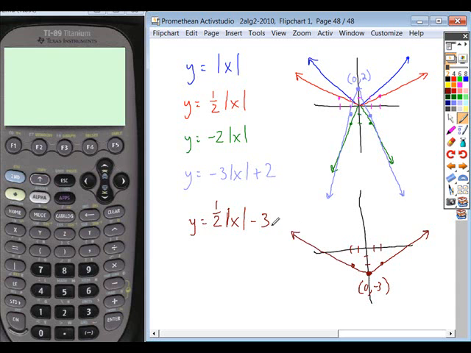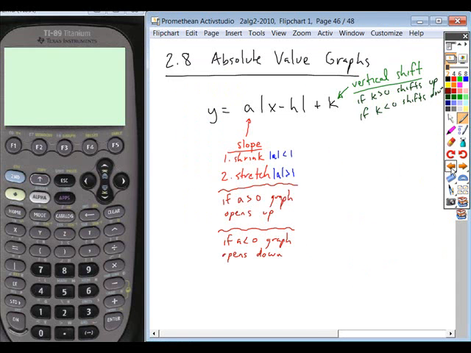All right, so that's the vertical shift. So let's come back, do the last thing, and then we'll put it all together in an example. The last thing here is h. h is the horizontal shift. Okay, now, here's the way I teach horizontal shift, because oftentimes it can cause some confusion.